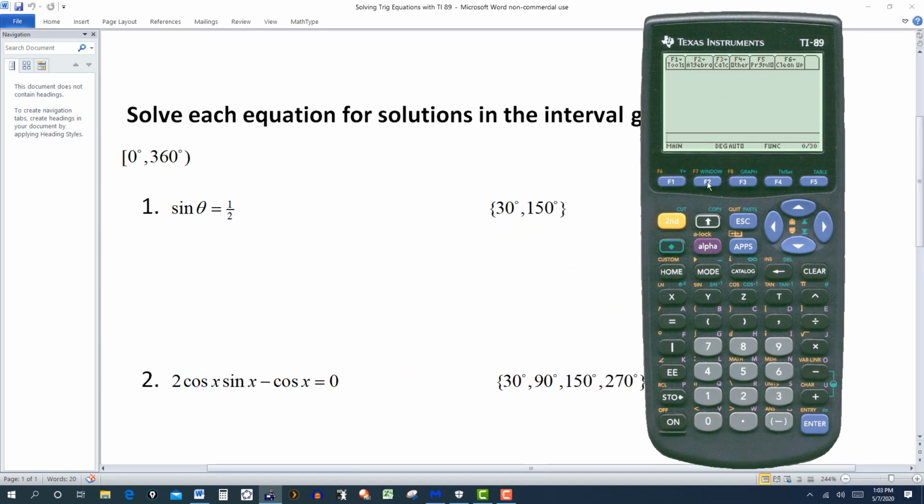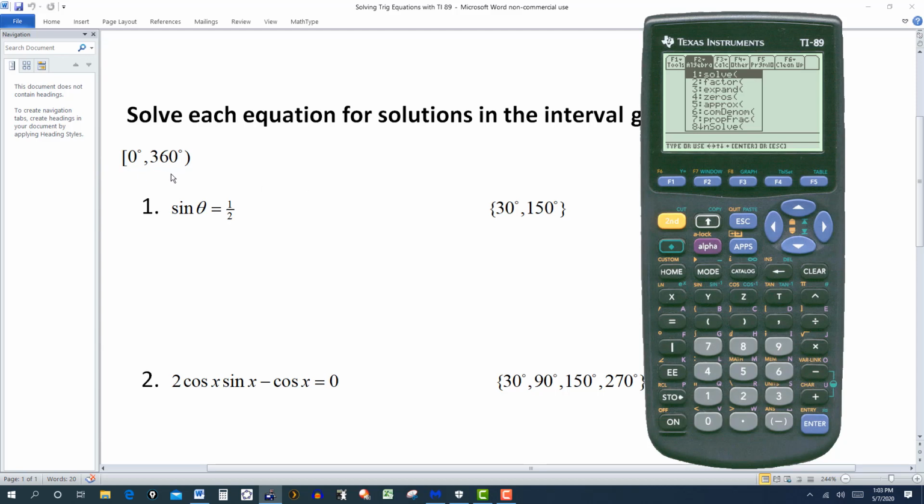So here I go to F2. And I want to remind you that trig equations will have either no solution, one solution, or an infinite number of solutions. So if you can find one solution, then adding in a multiple of 360 or a multiple of 2 pi, depending on whether you're working with degrees or radians, will give you an infinite number of solutions.